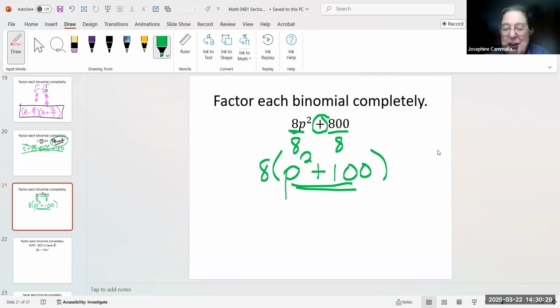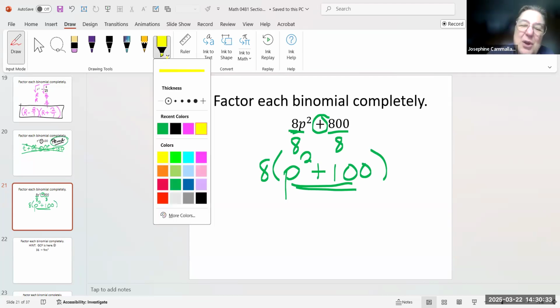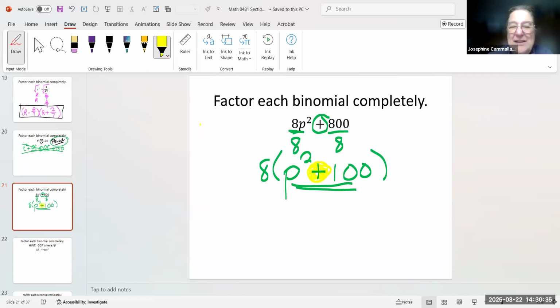We had t squared plus 100. I can't do anything when I've got a plus. This is your second alternative because I have a greatest common factor. That's as far as I can go. I can't go any further than right here.